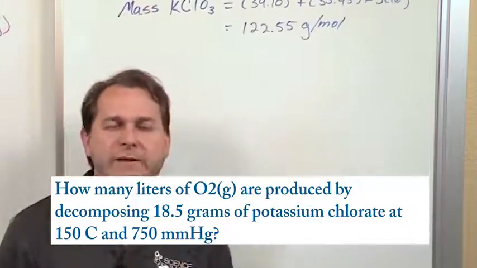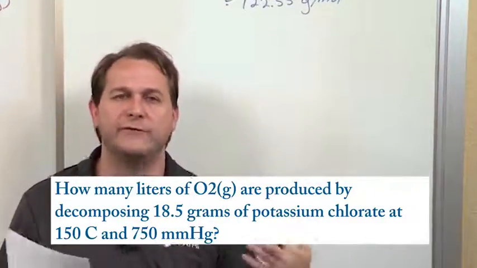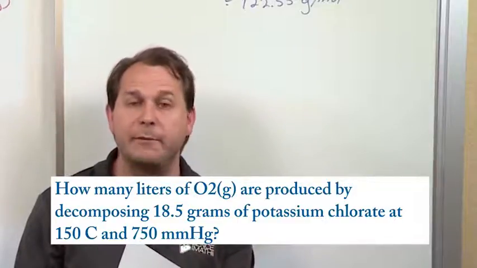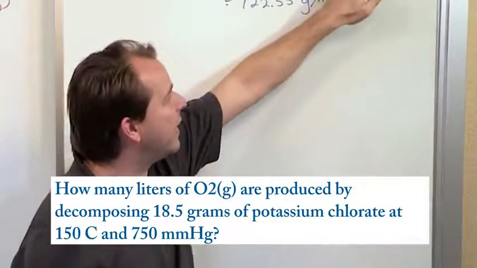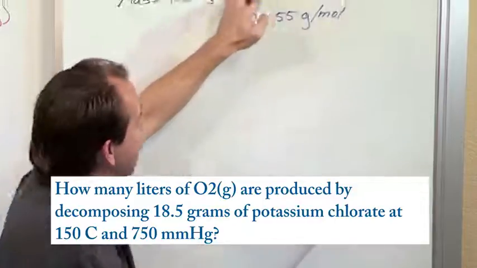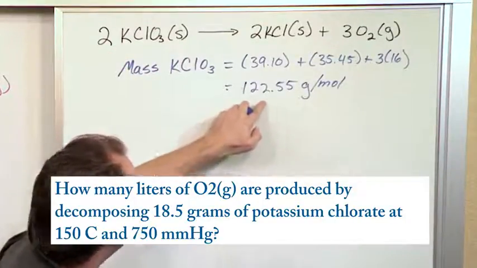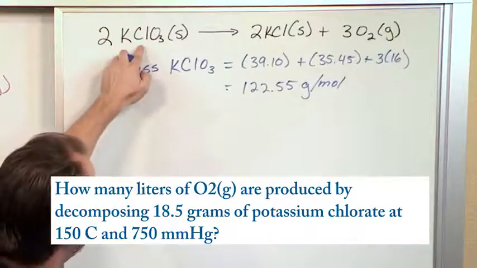So if you're unable to use volume ratios, you have to do a little bit of thinking. How can I get to an end game where I figure out how much product, in this case how much oxygen, I've produced? I know how many grams of this I start with. I now know how many grams in every mole of this, so I can convert to moles right away.